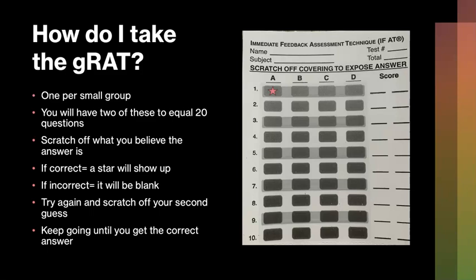Then you can move on to the next question. However, if your group chose the incorrect answer, it will just be blank. There will be no star. And in this case, you can try again and give it your next shot. So what do you think would be the next correct answer? And you keep going until you get that star. And so that is how you will be taking the GRAT.